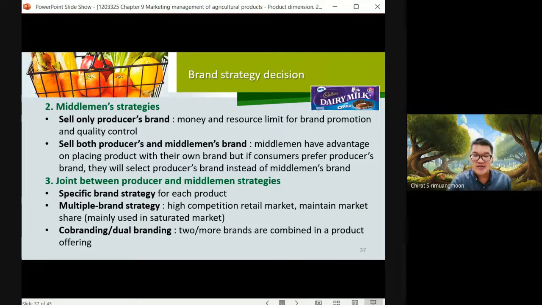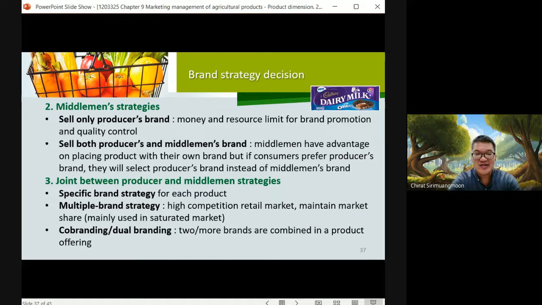In this case, what is the middleman going to do? They are going to put the producer brand and the middleman's brand on the shelf, and then see which one is more famous. If the producer brand is more famous than the middleman's, they are going to remove the middleman's brand.